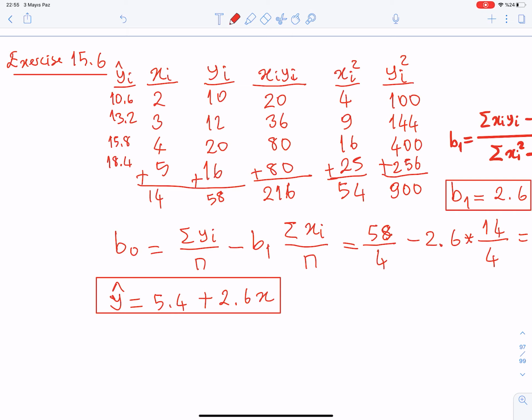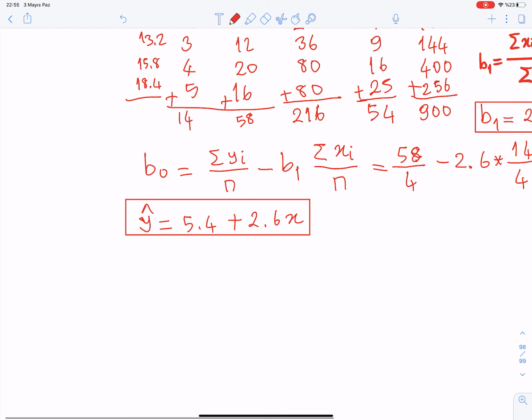Okay. Checking again, 2.6 times 2 plus 5.4 is 10.6. Everything is fine.